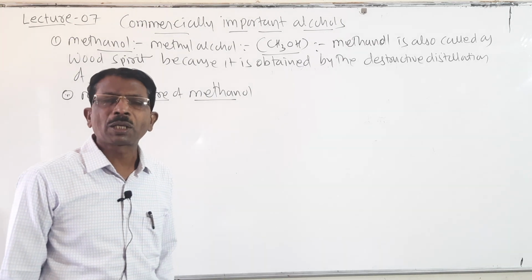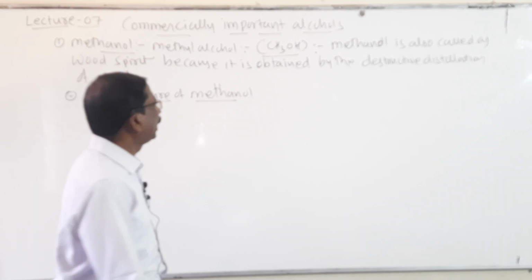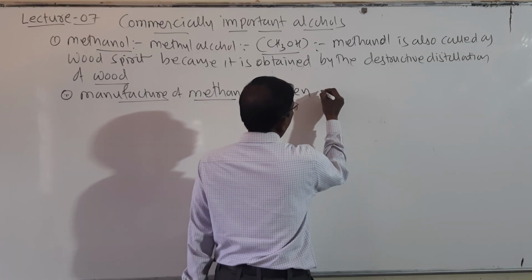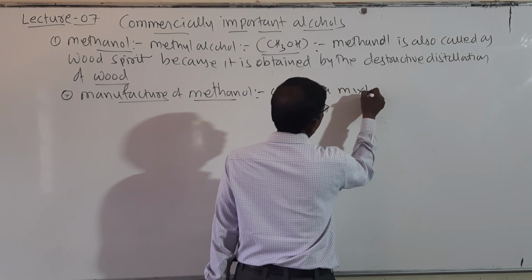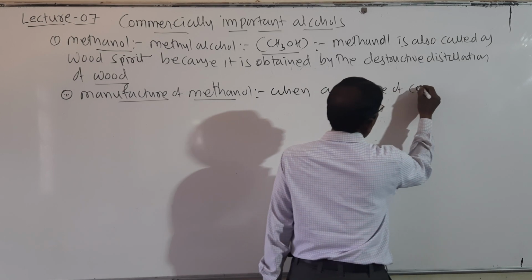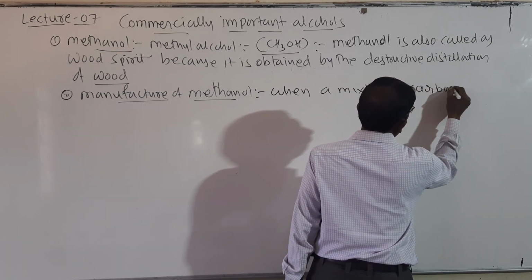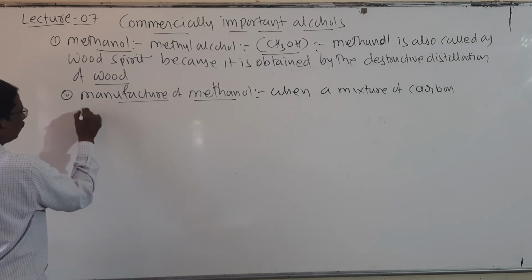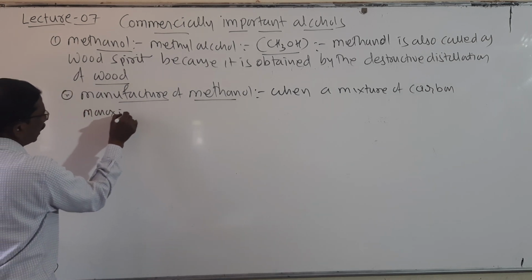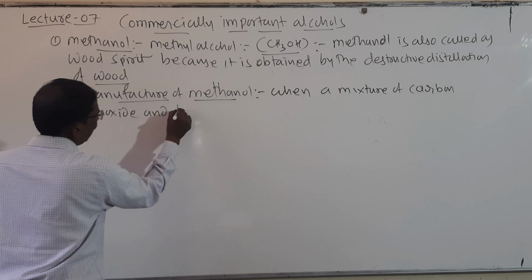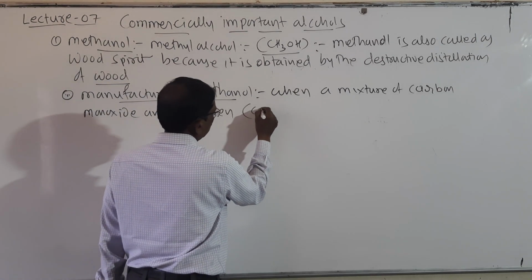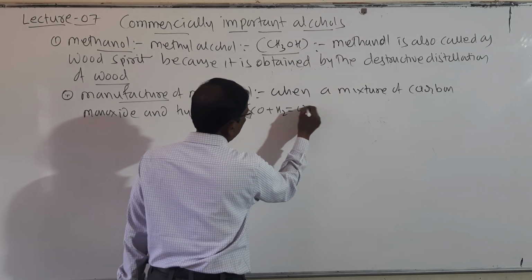So it is the industrial production also. A mixture of carbon monoxide and hydrogen, CO plus H2, is called water gas.